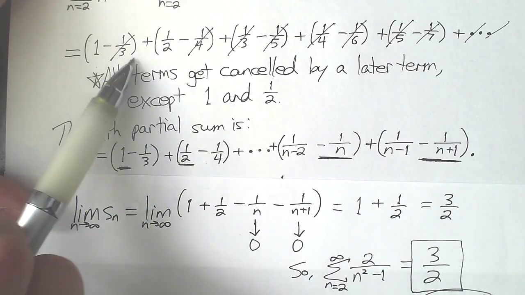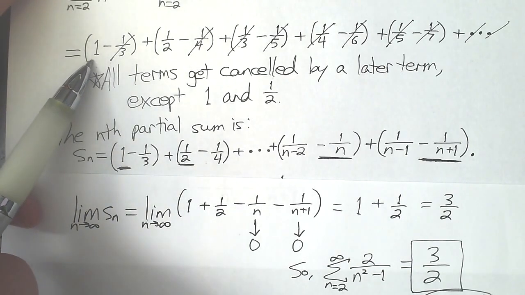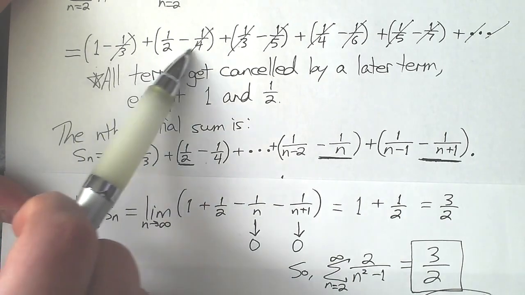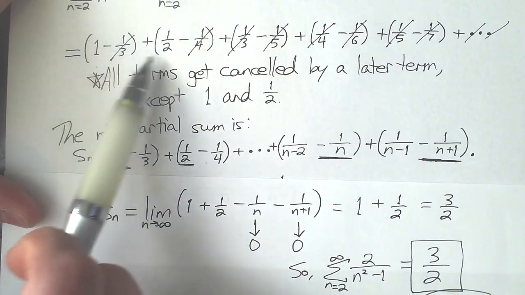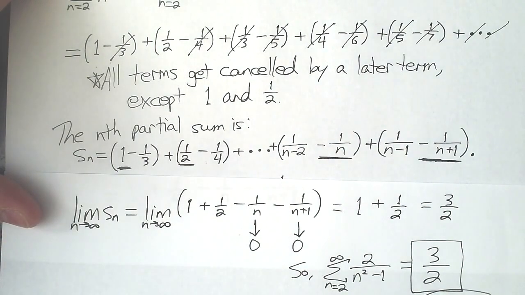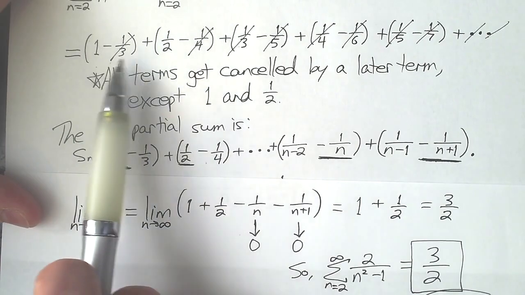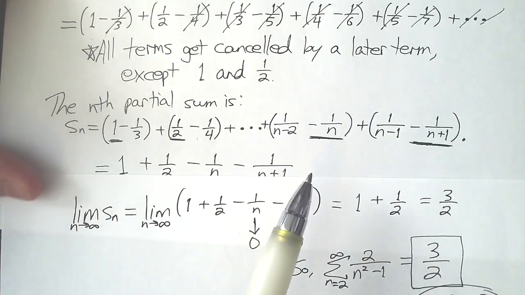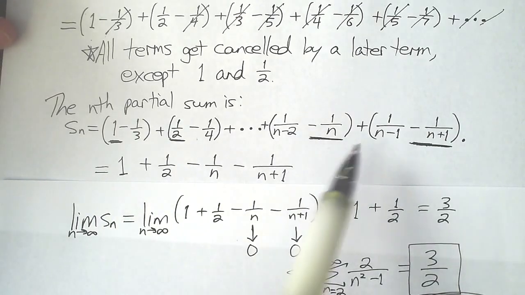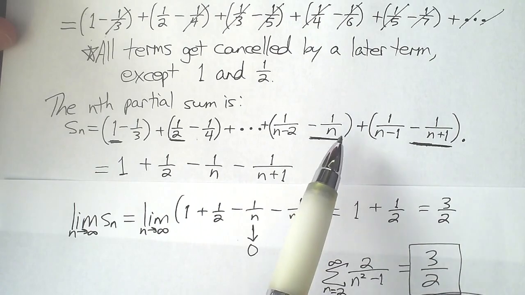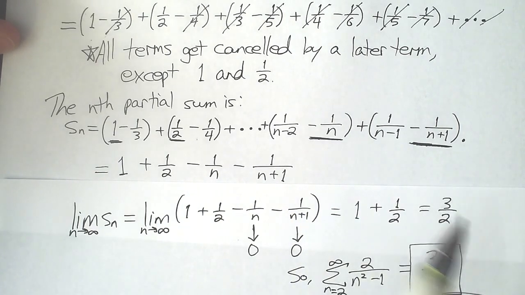And honestly, I would probably just write the first one. I'm satisfied with this. If you can tell that everything is canceling, except for maybe a couple of things at the beginning, then you could write this. But I wanted to show you it with the partial sums at least once, because technically that's the reason why you're left with just 3/2.